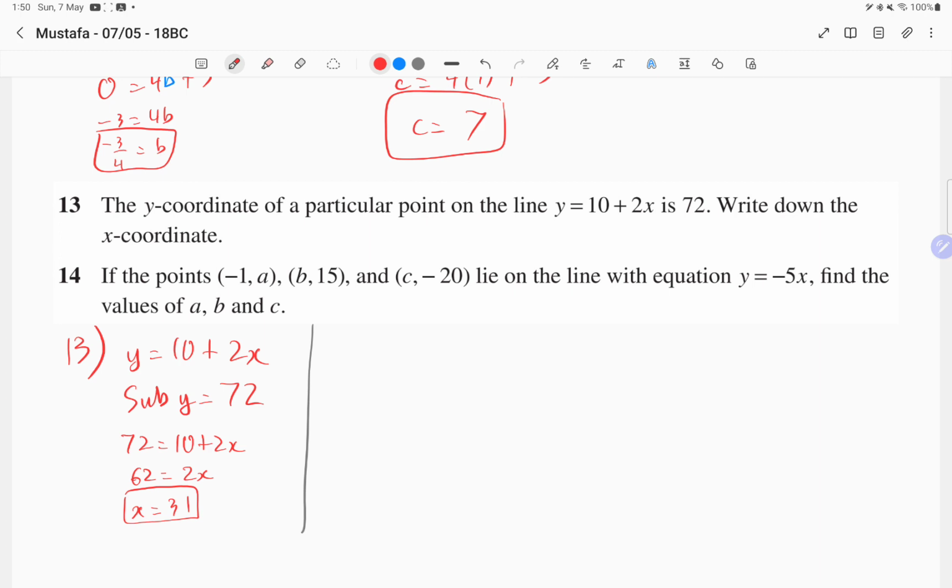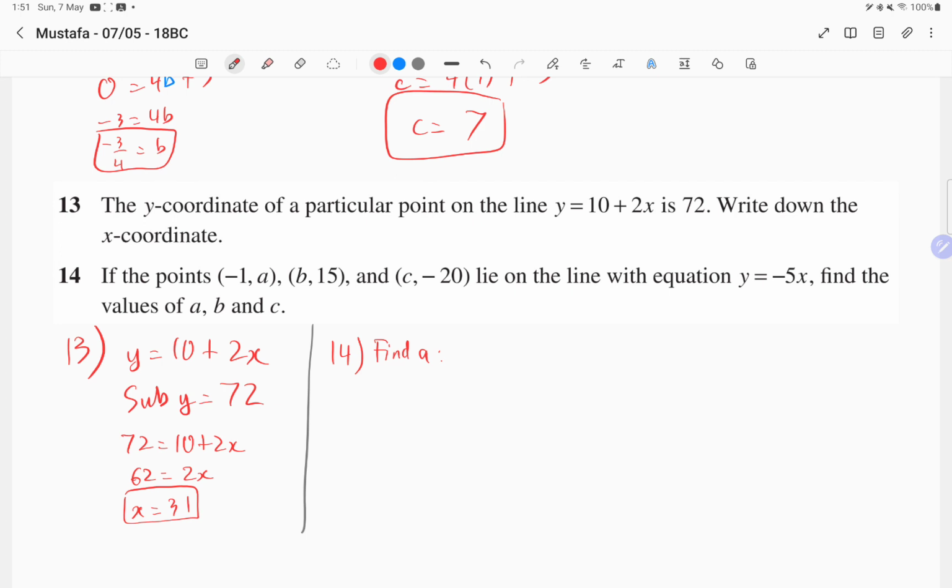Okay. Now question 14. Find A first. Remember, you're always subbing something in, yeah?